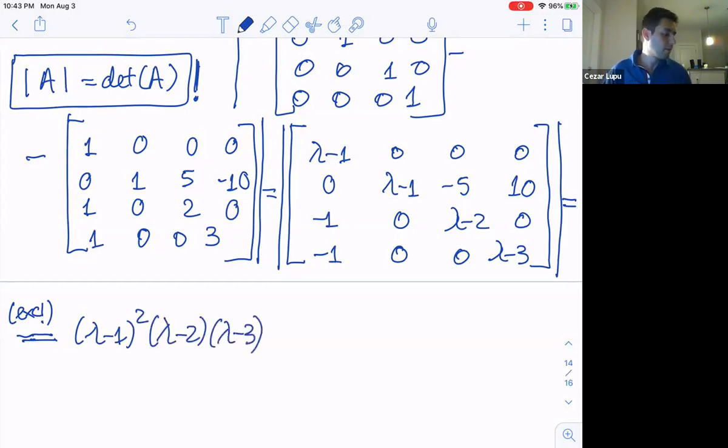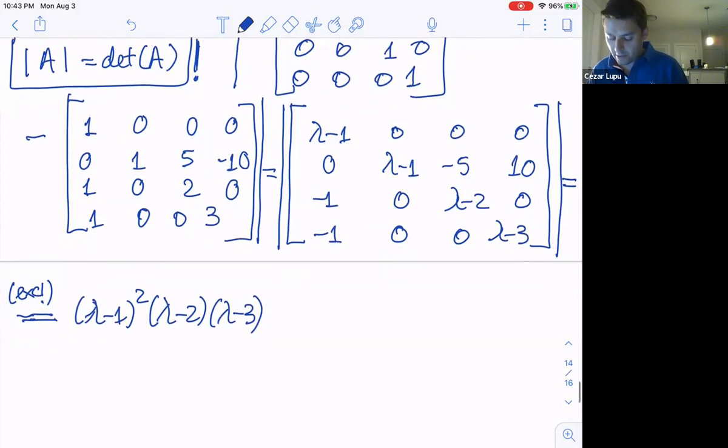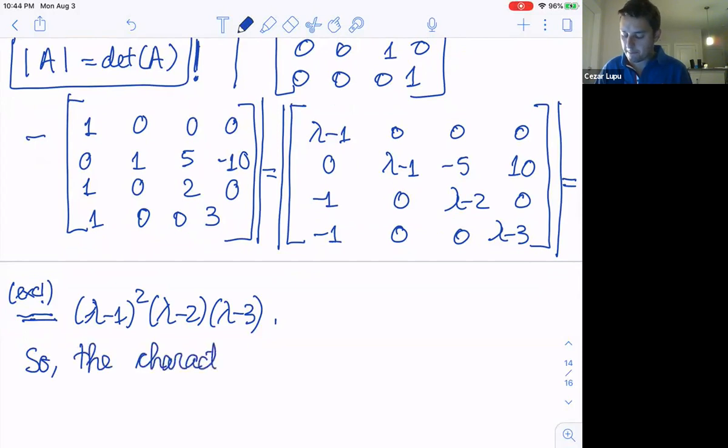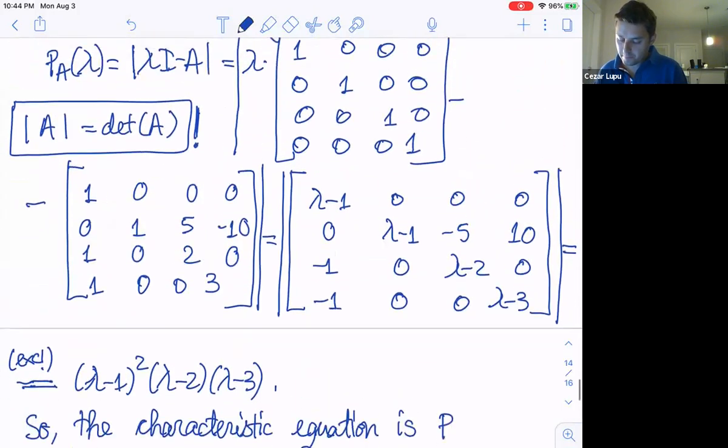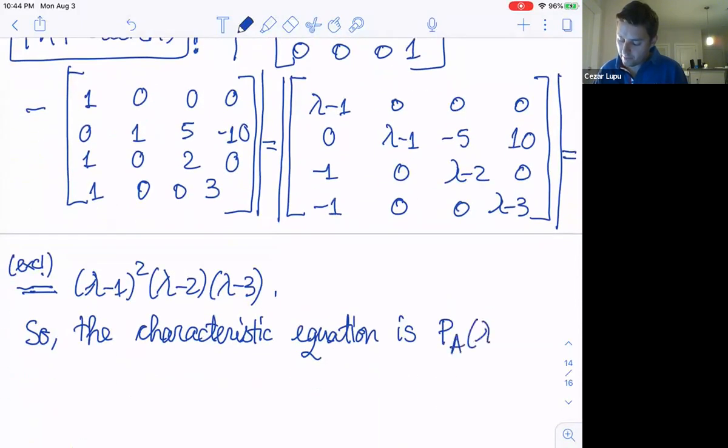Okay. All right. So this is the determinant of this. And now the characteristic equation is given by P_A of lambda equals 0.